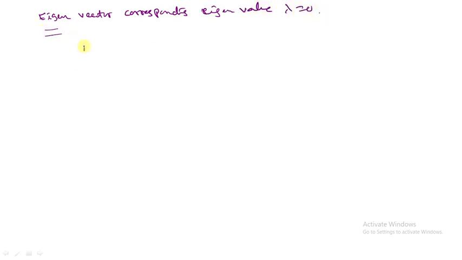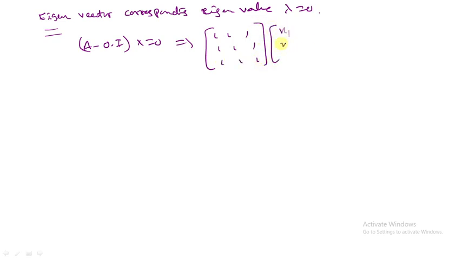Now what that means: (A minus lambda I) x equal to 0. That implies A is the matrix of all ones, times x1, x2, x3 equal to 0. These are all dependent rows, the same as x1 plus x2 plus x3 equal to 0.